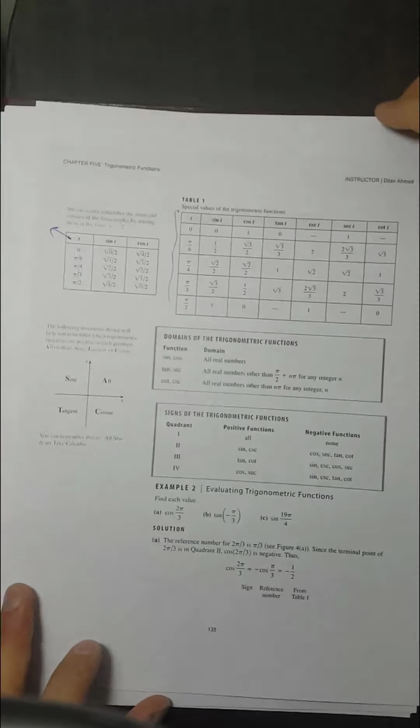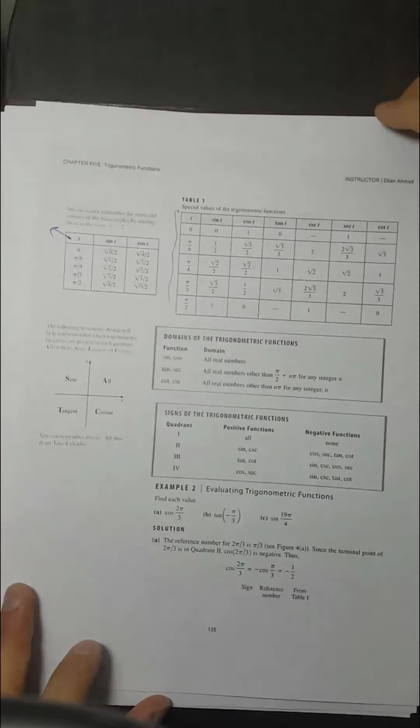And before you leave your answer and say you are done with it, no. Do not forget about the quadrant, because in the original one it was 120 or 2 pi over 3. So it was in the second quadrant. And in the second quadrant, you know, cosine is negative.